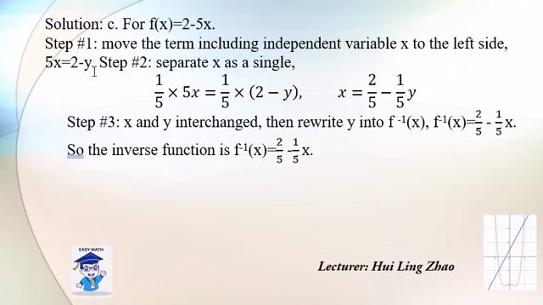So the left side leaves x, and the right side is 2 over 5 minus y over 5. Because on the right side it is 1 over 5 times 2, so they get 2 over 5. Another one is 1 times y over 5, and this is the minus.